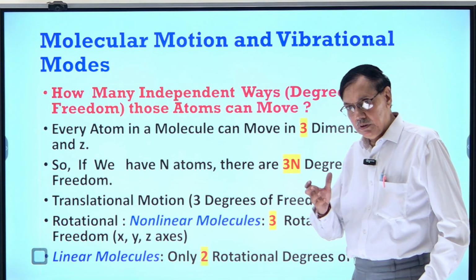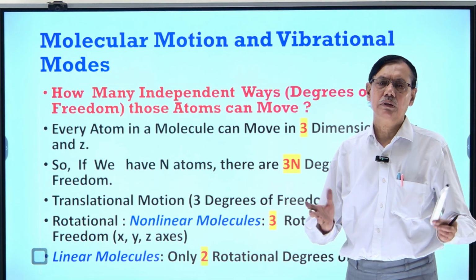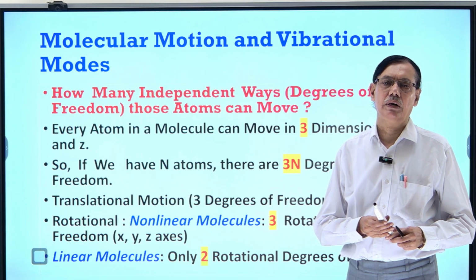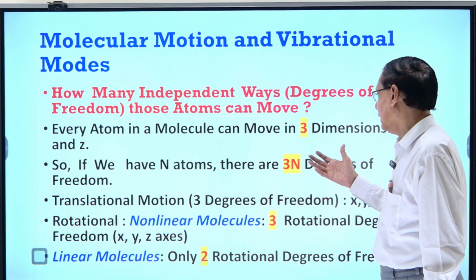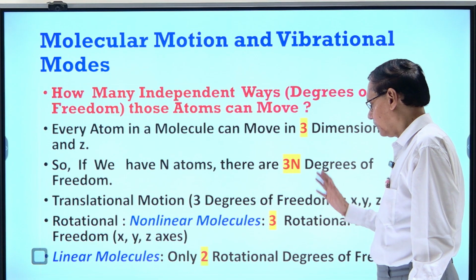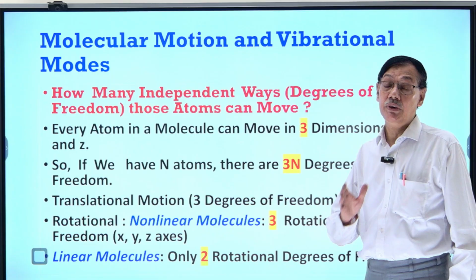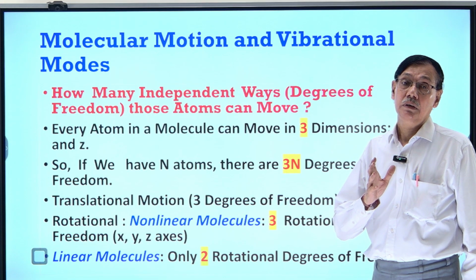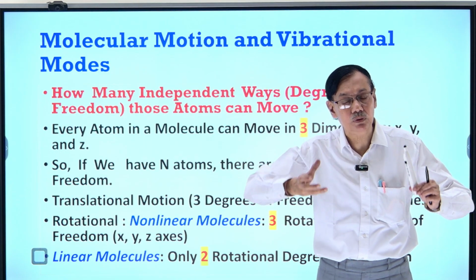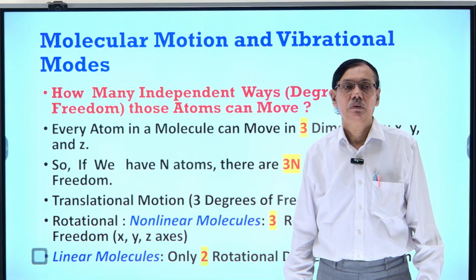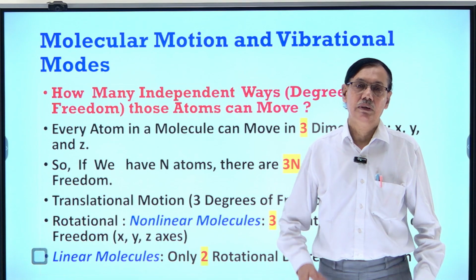Now, for the translational motion, there is no problem whether it is monoatomic, diatomic or polyatomic. In normal cases, there are 3 translational motions, in the x direction, y direction and z direction. But if we are talking about the rotational motion, it depends.